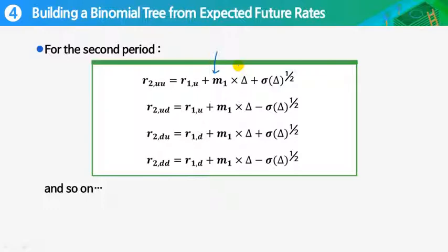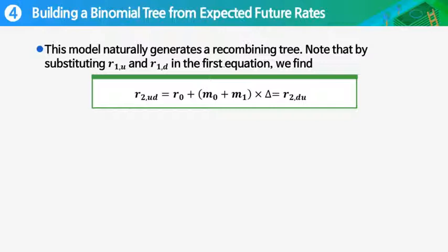If you have a longer tree, more than 2 periods, like a 3 stage or 4 stage tree, you can just keep iterating this to build a large tree. This model naturally generates a recombining tree. Remember, in our tree, up-down and down-up should meet each other.